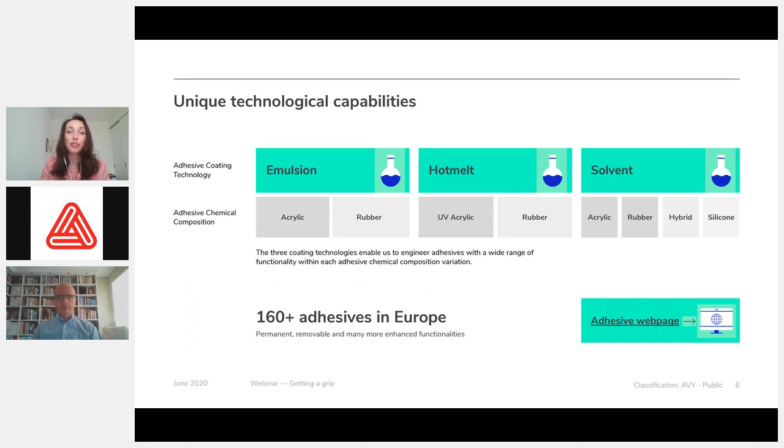And there you can find three animations that explain in more detail the peculiarities of each technology and chemistry, from the moment of creating an adhesive till the moment of applying it on an actual product, also connecting the different compliance-related questions. So if you have interest in that, I really encourage you to look into these animations.